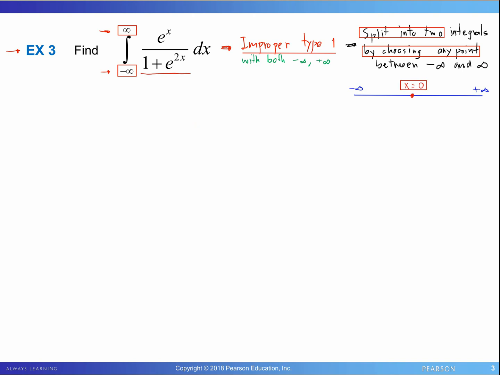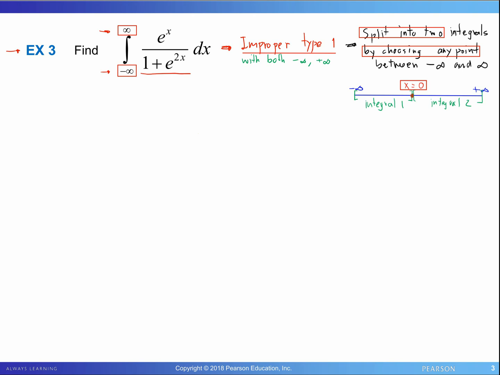By the way, you can pick other values if you want to. You can pick 2, you can pick 10, you can pick 100, anything you want. By having this one point in between, I can have two integrals. The first one from negative infinity to 0, and the second one from 0 to positive infinity. So you can make a note right here that this is integral 1, and this is integral 2.